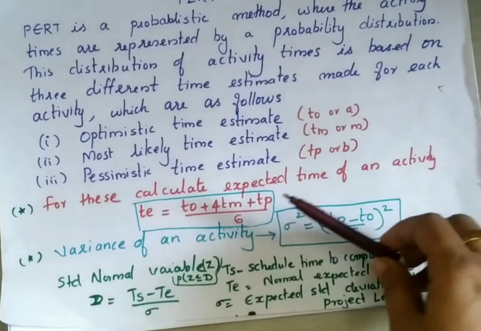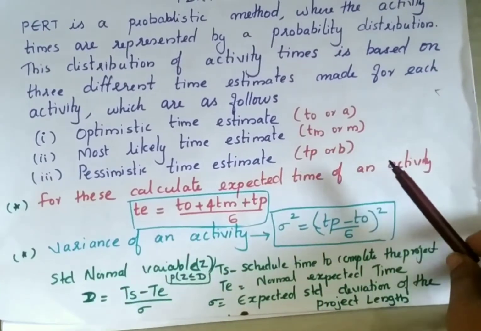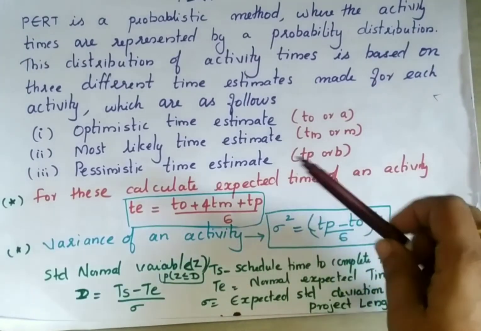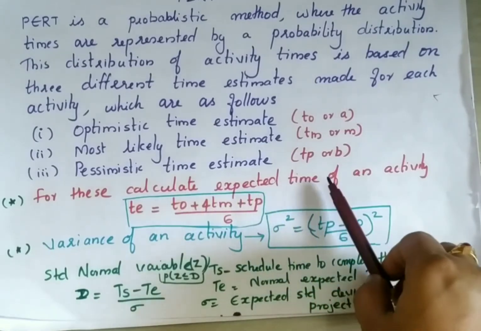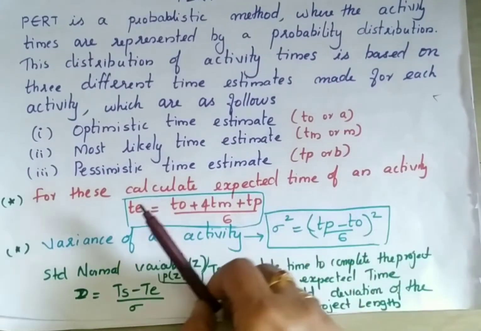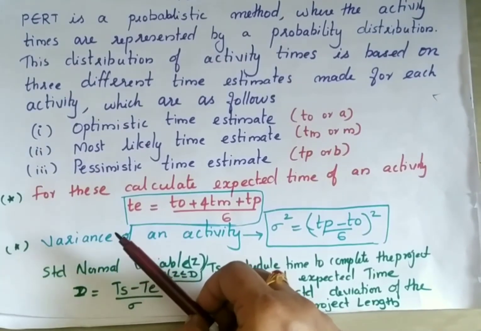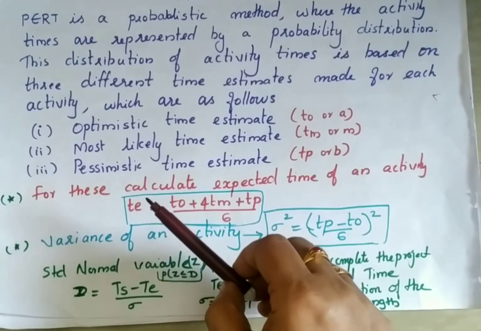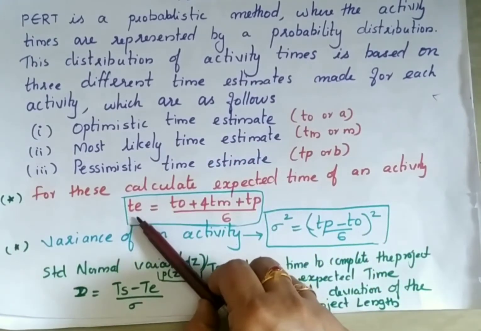And here are the formulas. According to these formulas, we have to calculate. You have to note down the formula and study it. Then only we can solve this problem. So first, calculate the expected time of an activity. So T, that is expected time. Normally in CPM questions, they will give the expected time directly. But in this PERT problem, you have to find out the expected time.